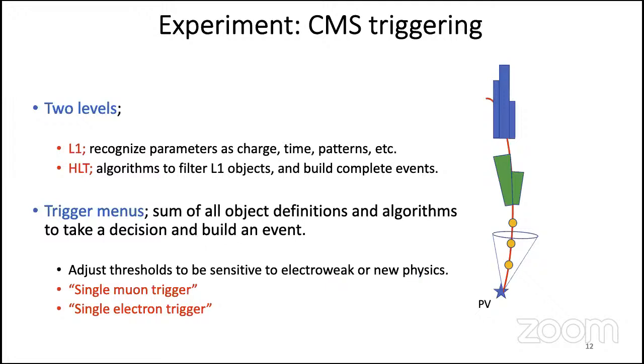CMS has two levels of trigger. The level one recognizes parameters like charge, time, PT thresholds, patterns, etc. And the high level trigger uses algorithms to filter the level one objects and build complete events. These triggers are organized in menus, which are the sum of all object definitions and algorithms to take a decision and build a complete event. We can adjust these thresholds in the triggers to be sensitive to electroweak processes or to search for new physics.